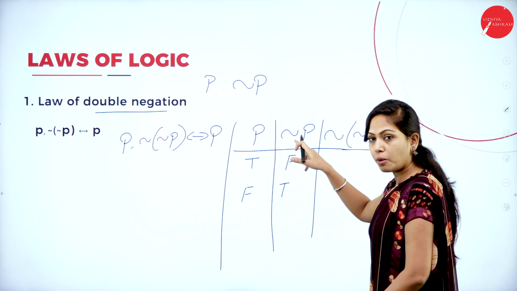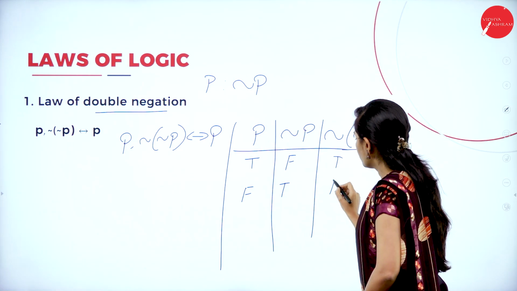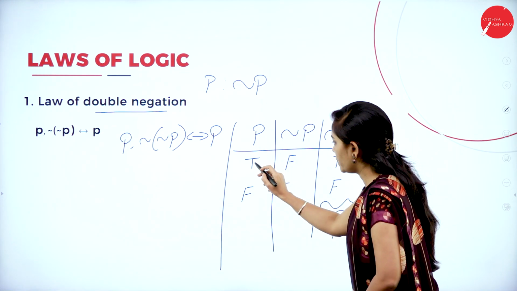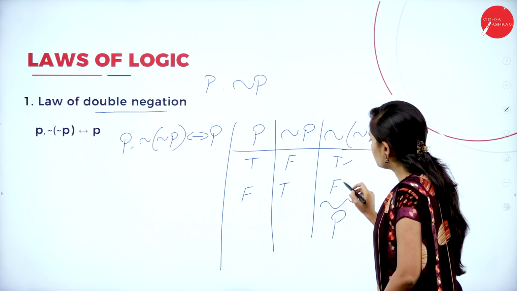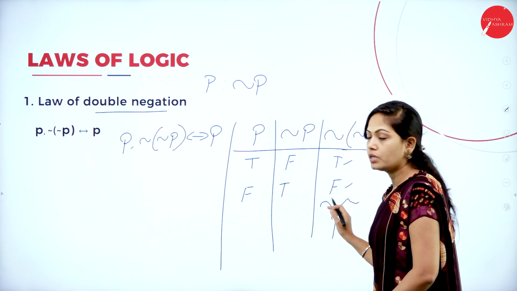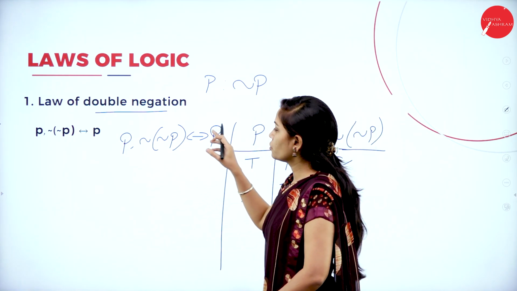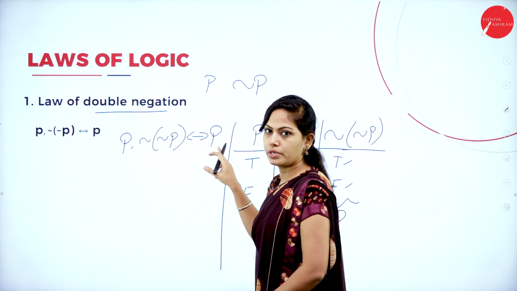Again you have to recomplement this. So false changes to true, true changes to false. So now you can observe this. This is P, right? P is true and false. So negation of negation P is also true and false. So both are equal. So it is called double negation. So here negation of negation P is equal to P only.